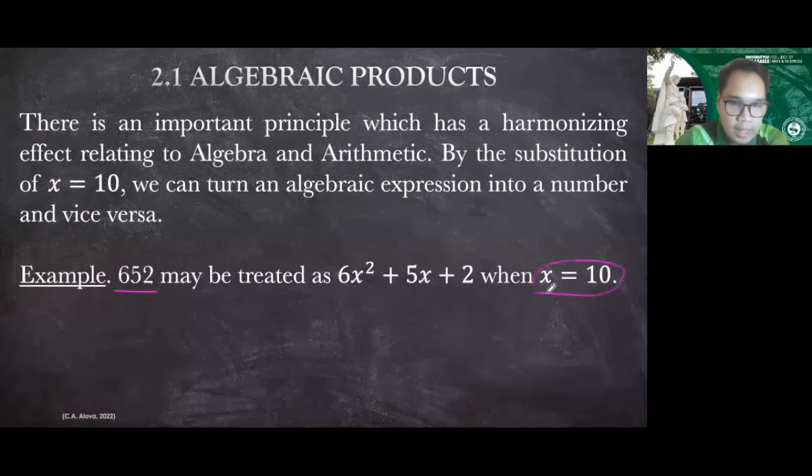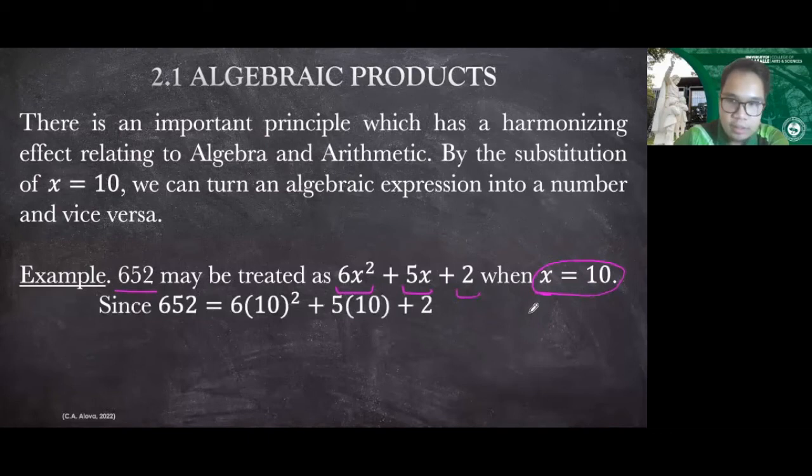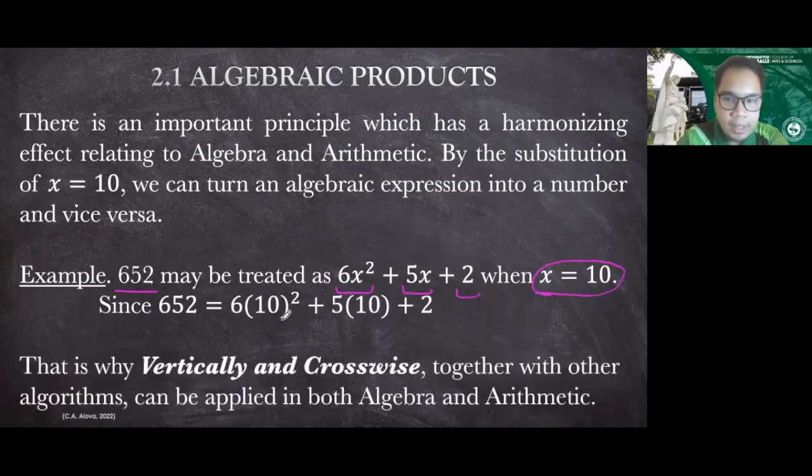We can rewrite this into an algebraic expression in the form of 2x squared plus 5x plus 2. So if we're going to let x to be 10, this will be this, and that will be 652 still. Hence, that's why our vertical and crosswise method reaches algebra because of this principle. And it can be applied in both algebra and arithmetic.